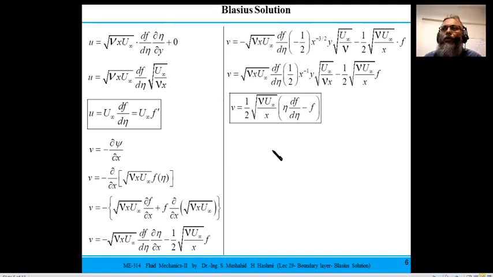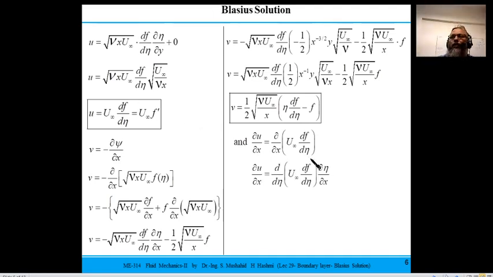But as we know, in our governing equations, I need some more. I don't need only u and v, I need how the u changes with respect to x as well. So once I have a knowledge of u, dou u by dou x is much simpler, just differentiate the whole thing.